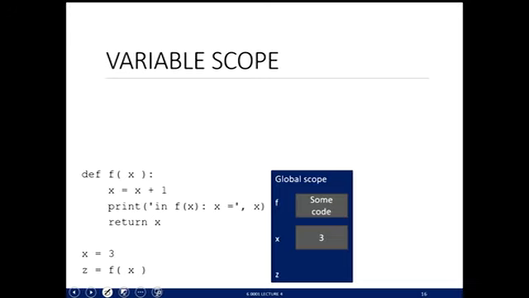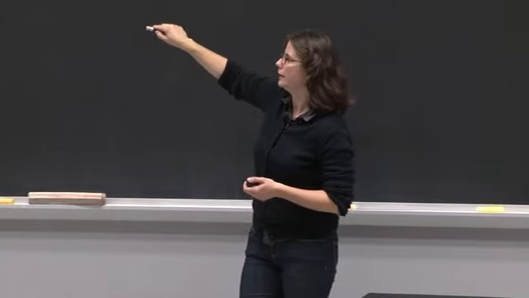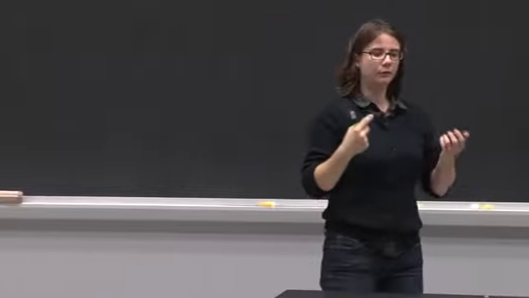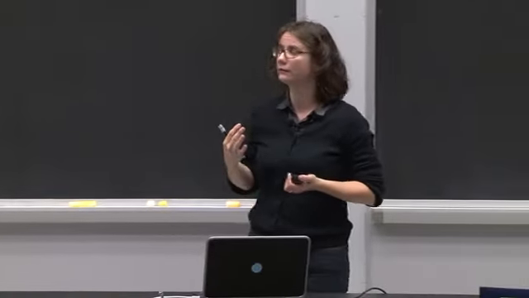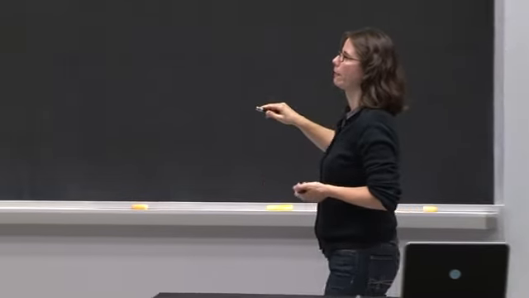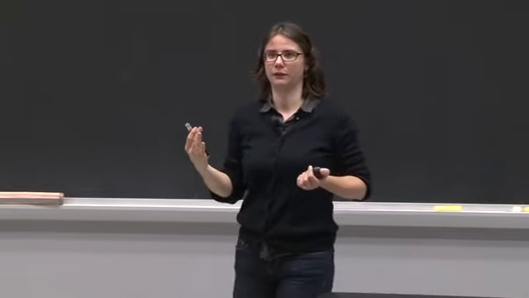When the program first starts, we're creating this global scope. It's the main program scope. In the main program scope, the first thing that Python's going to see is this part here: def f(x), and then some stuff inside. This tells Python, I have a function named f, but I don't care what's inside the function definition yet, because I haven't called the function yet.